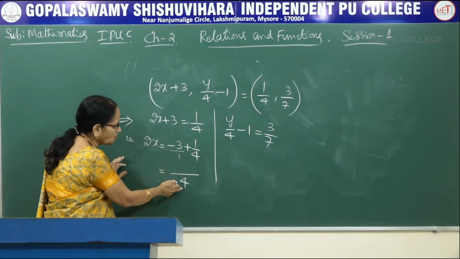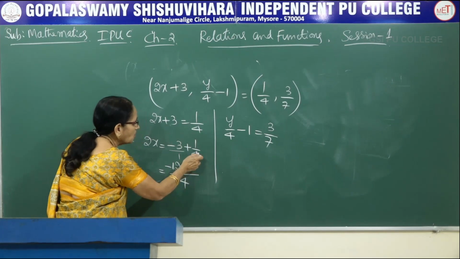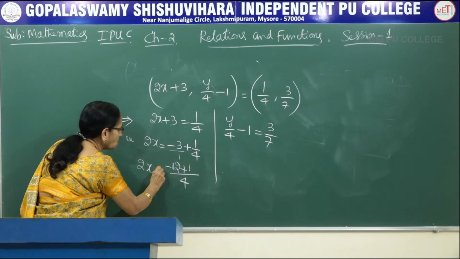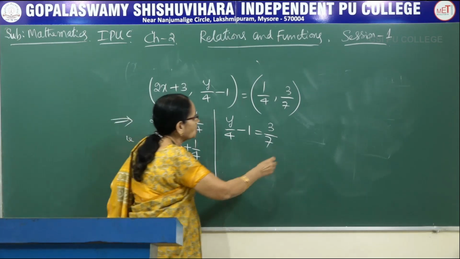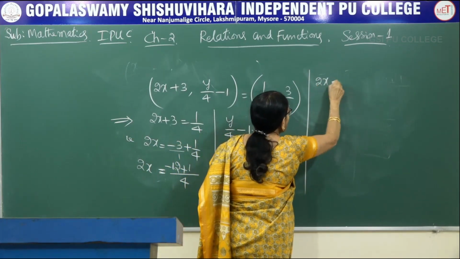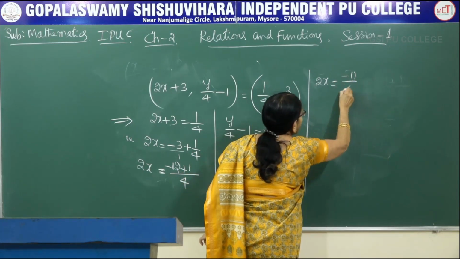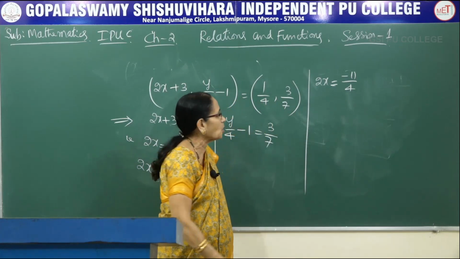So 1 4s are 4 into minus 3, that is minus 12. 4 1s are 1 into 1, that is, 2x would be equal to (−12 + 1)/4. First let me simplify that one, that is 2x would be equal to −12 + 1 is −11 by 4. Now it is a little bit different from the previous problem.